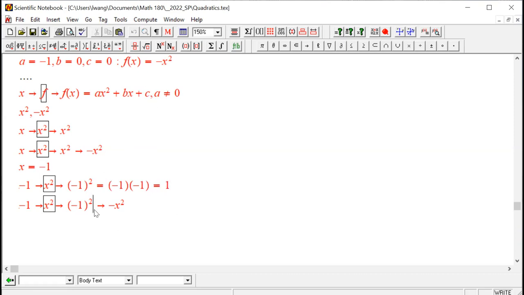But then, since we get +1 here, we put a negative sign. So since this is 1, the output will be +1 for the first function and -1 for the second function.